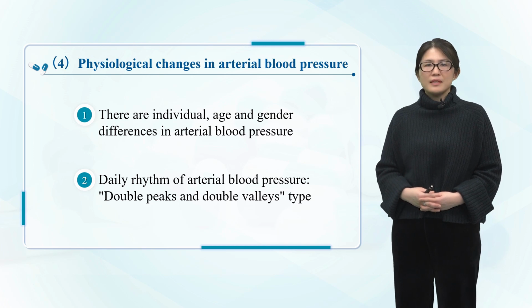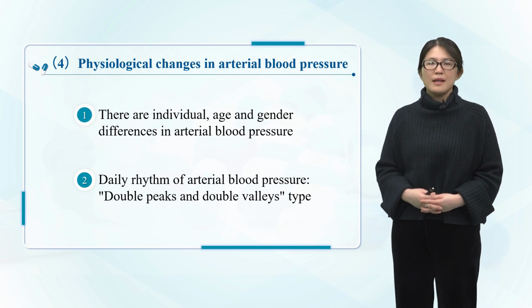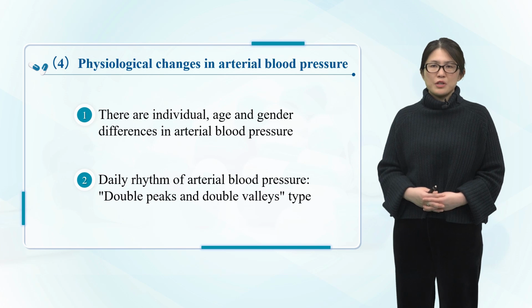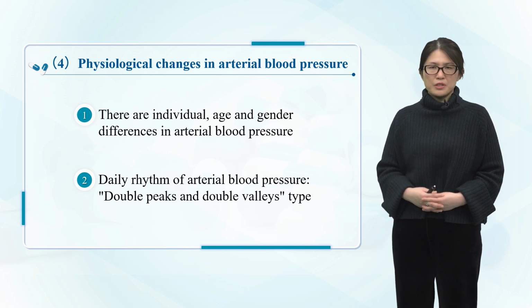Under normal circumstances, the arterial blood pressure of the upper arms of normal people is also higher on the left and lower on the right, and the difference can reach 5 to 10 mmHg.